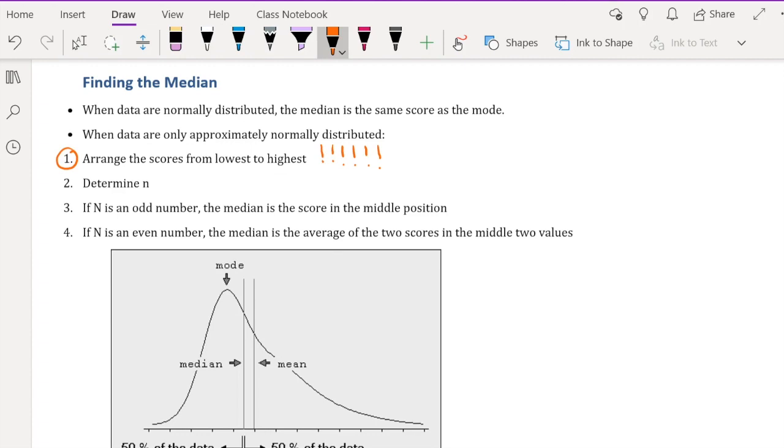If you forget to do this, and I forget at least once every semester, you're going to get the wrong median. You need to determine how many data points you have. If it's an odd number, the median is going to be whatever point you have in the middle of the distribution. If it's an even number, then what you have to do is find the middle two values and take the average of that.